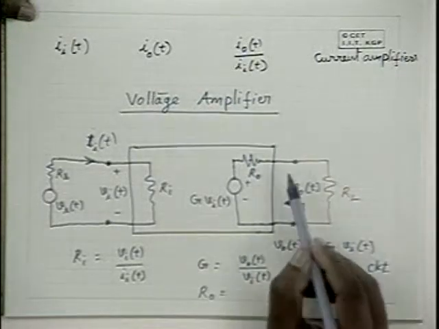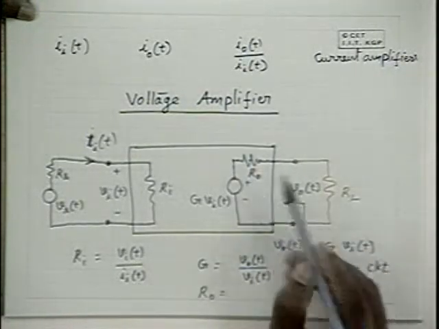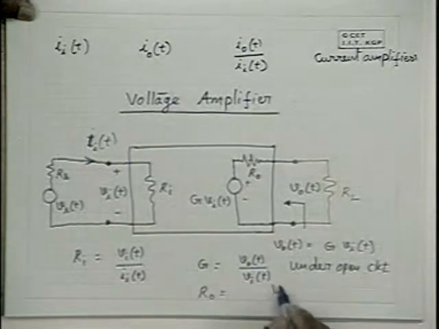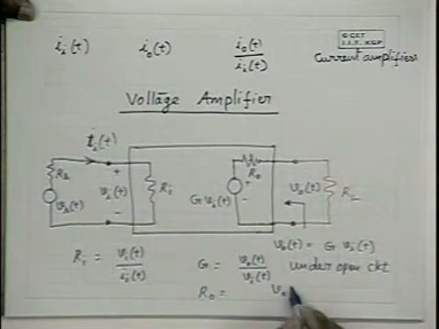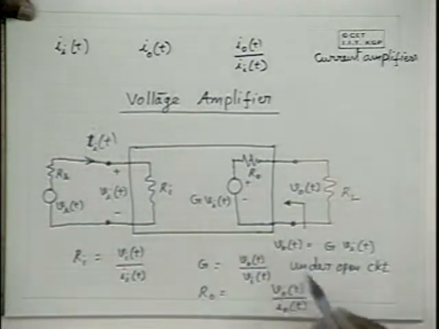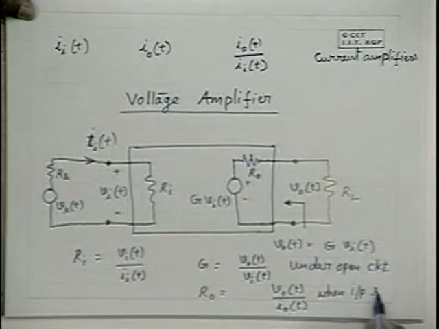So R_O is the applied external voltage V_OT divided by the current that flows into the output terminals when the input is short circuited.